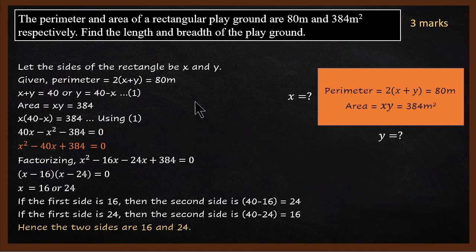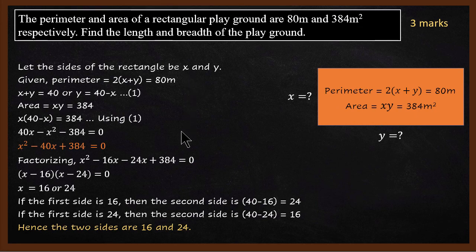So I'm looking at the perimeter and area of a rectangular playground problem. So basically what have they given? So they have said that the sides, the perimeter is 80 meter and area is 384 meters square, and we are supposed to find the length and the breadth. So you can see its perimeter is 2(x plus y) equals 80 meters and xy equals 384 meters square.